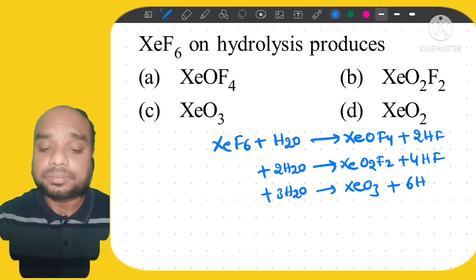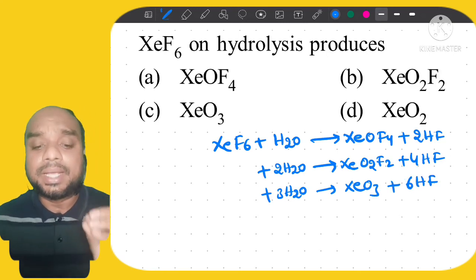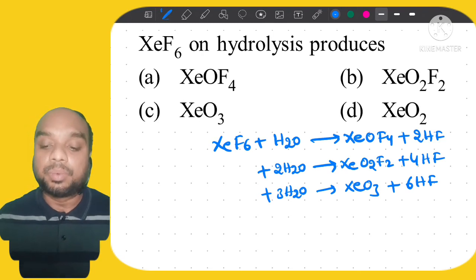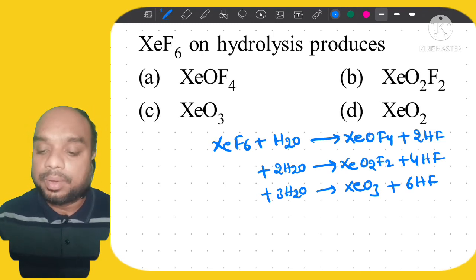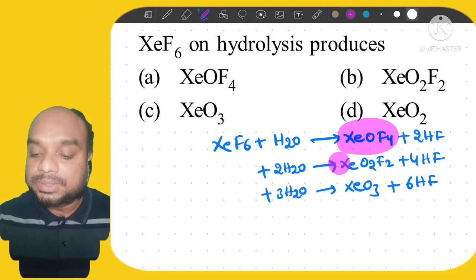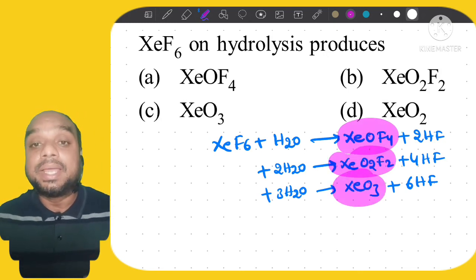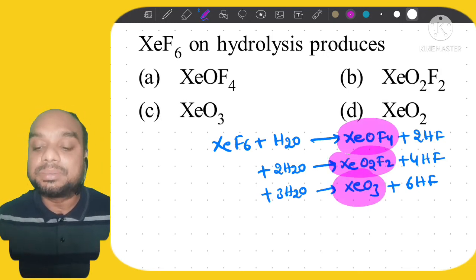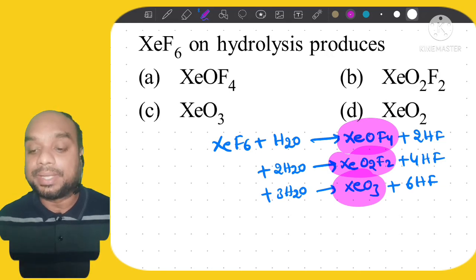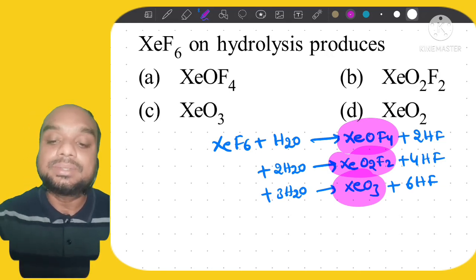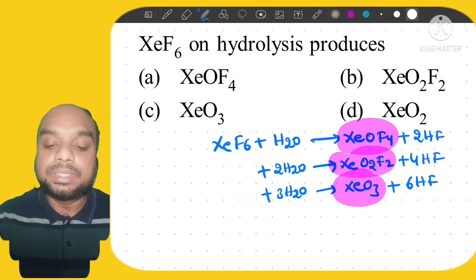Like that, xenon hexafluoride on hydrolysis produces these substances. But which is the main substance here? The one given by complete hydrolysis, we have to take in this case. So the right answer we have to choose is xenon trioxide.